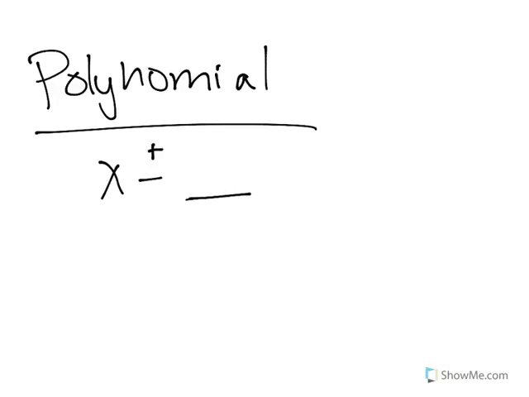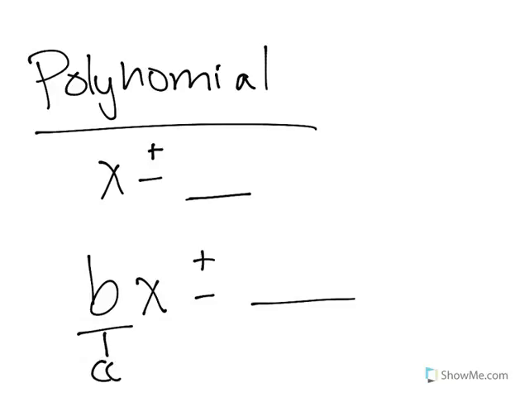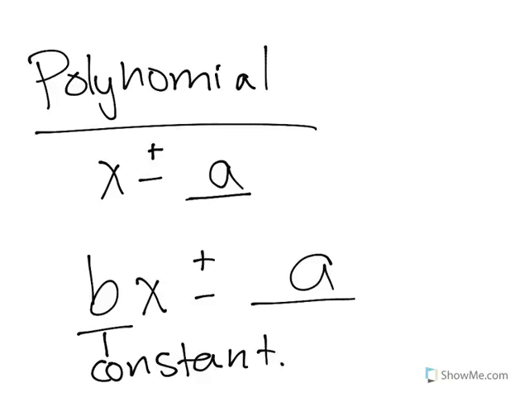However, if you had, for example, b times x plus or minus a, where b is just a constant, you could get around it by factoring out the b, leaving b times x plus or minus a over b.